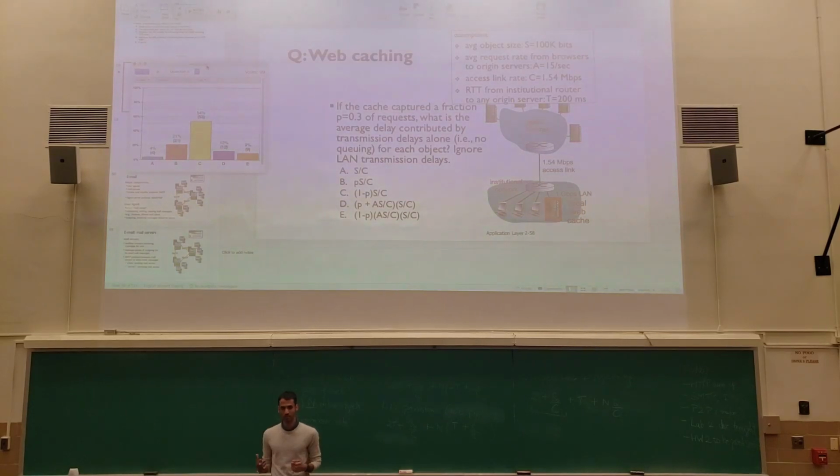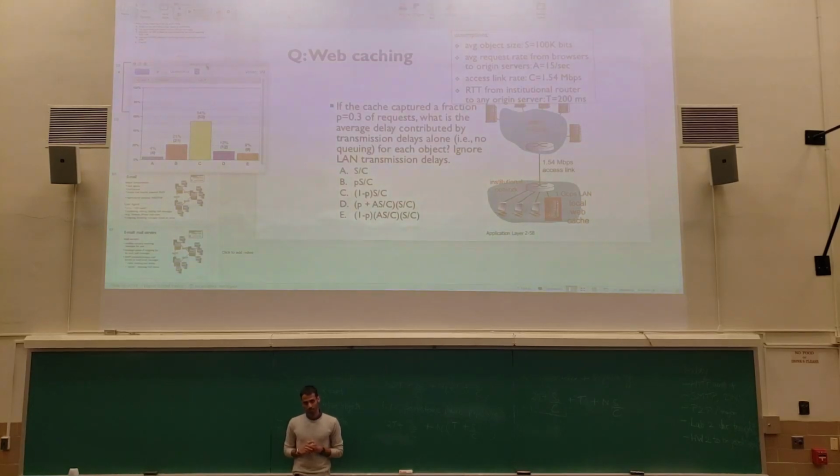How is the transmission delay computed? Size of the object divided by the link rate. It says here already, ignore LAN transmission delays, and essentially it says ignore queuing, since transmission delays, of course, don't include queuing. So it's a parenthetical reminding you not to worry about queuing.